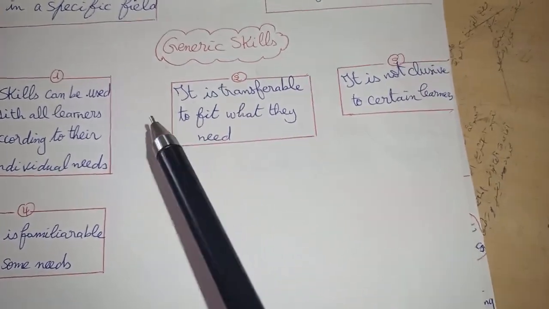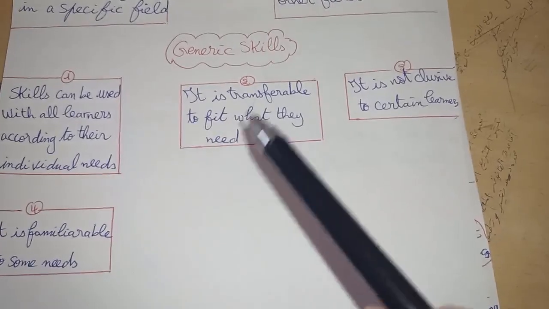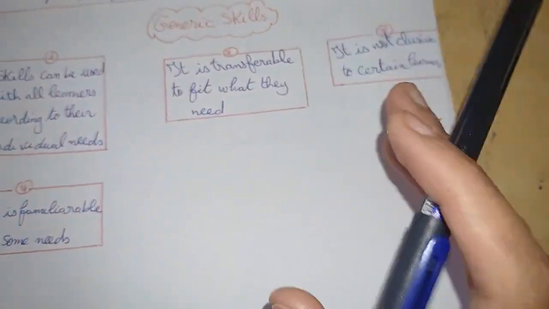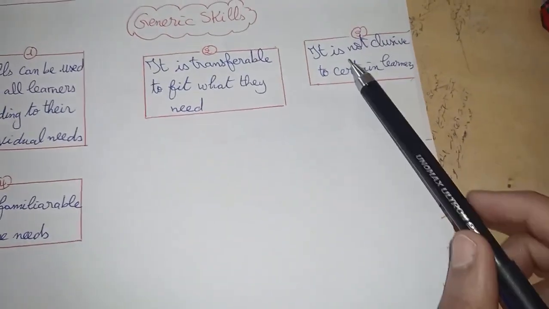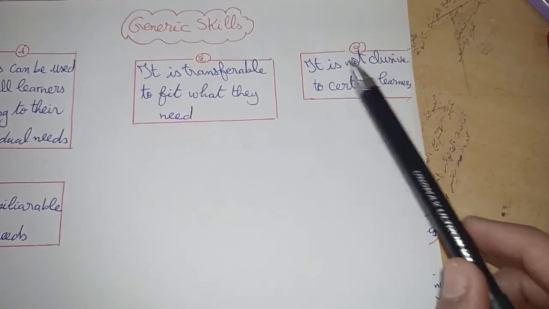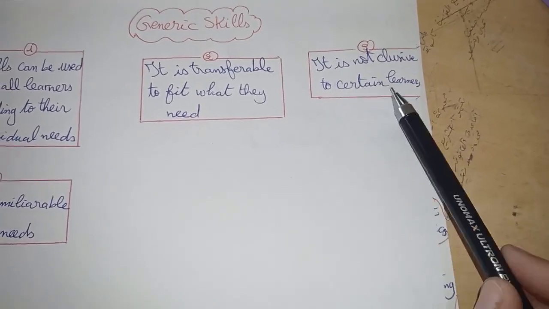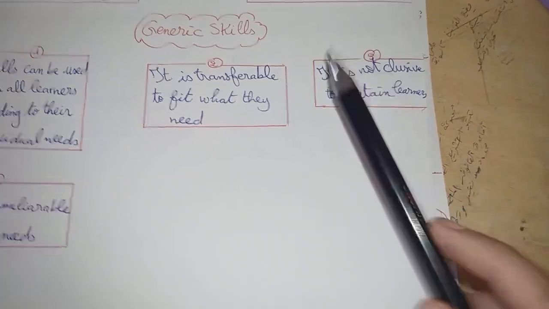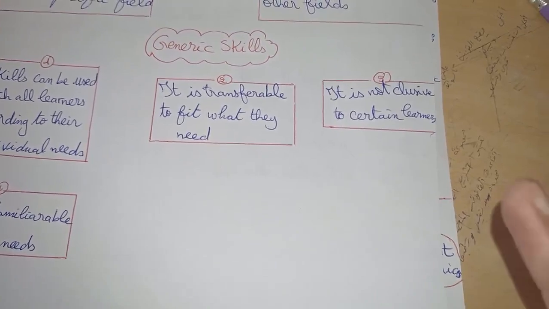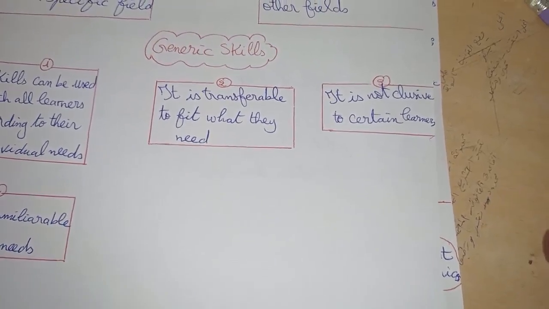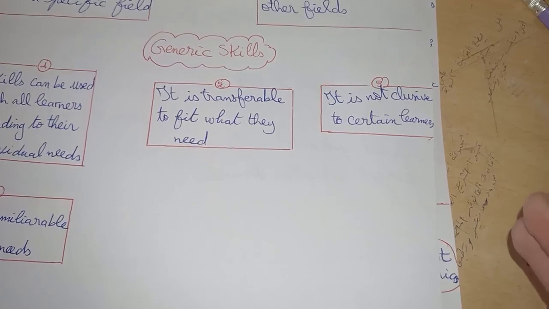We say generic skills because they are designed to suit what they need in that context. For example, they are not exclusive to certain learners, because these generic skills, some learners do not know them, so they're not available for all of them.